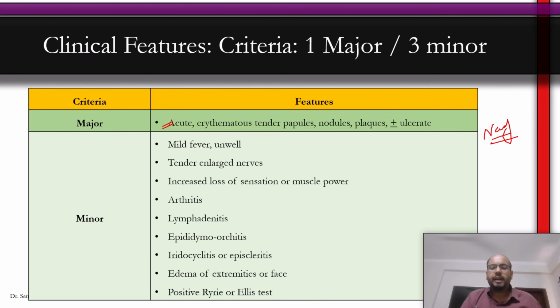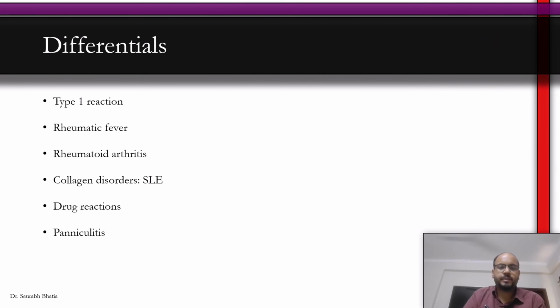Minor criteria are mild fever or a feeling of being unwell, tender enlarged nerves, increased loss of sensation or muscle power, arthritis, lymphadenitis, epididymoorchitis, iridocyclitis or episcleritis, edema of the extremities or face, and positive Riley or Ellis test. So when three minor are present, you can diagnose it as ENL.